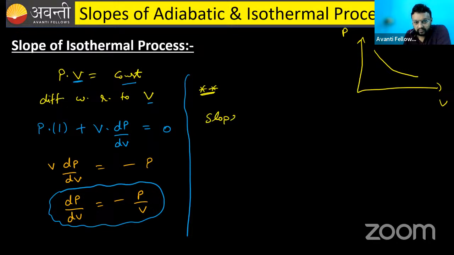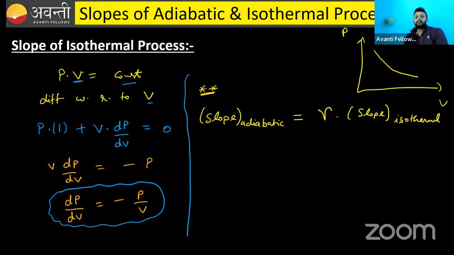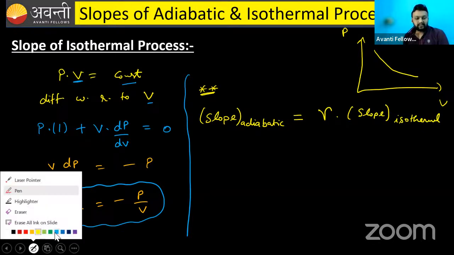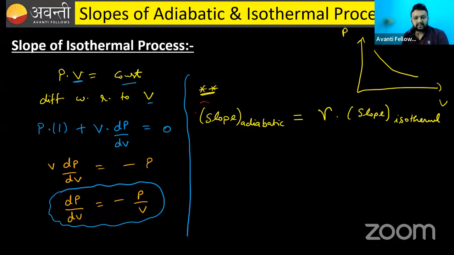that slope of adiabatic process is equals to gamma times slope of isothermal process. Can you see that? This is going to be our punchline, that which has more slope.